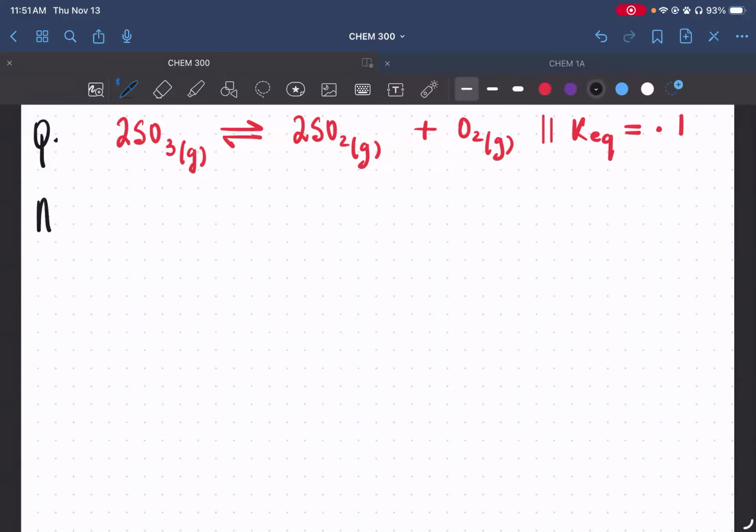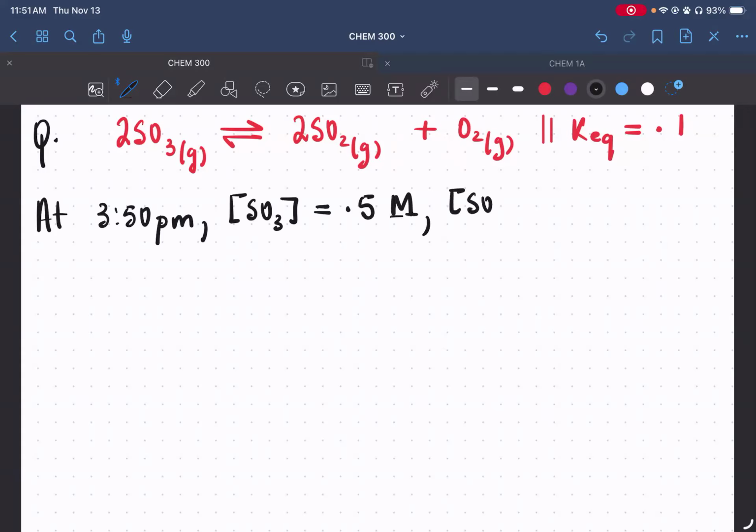The question reads, at 350 p.m., the concentrations are as follows. SO3 is equal to 0.5 molarity. SO2 is equal to 0.2 molarity.